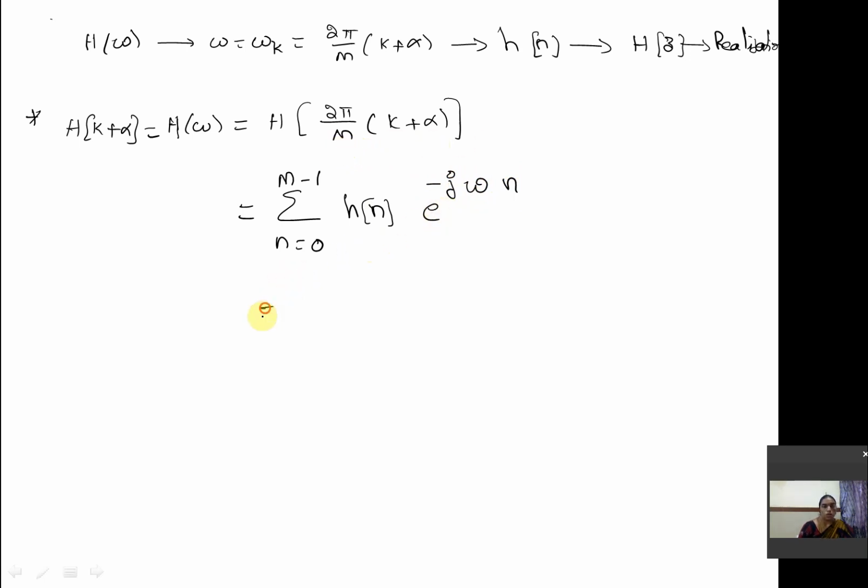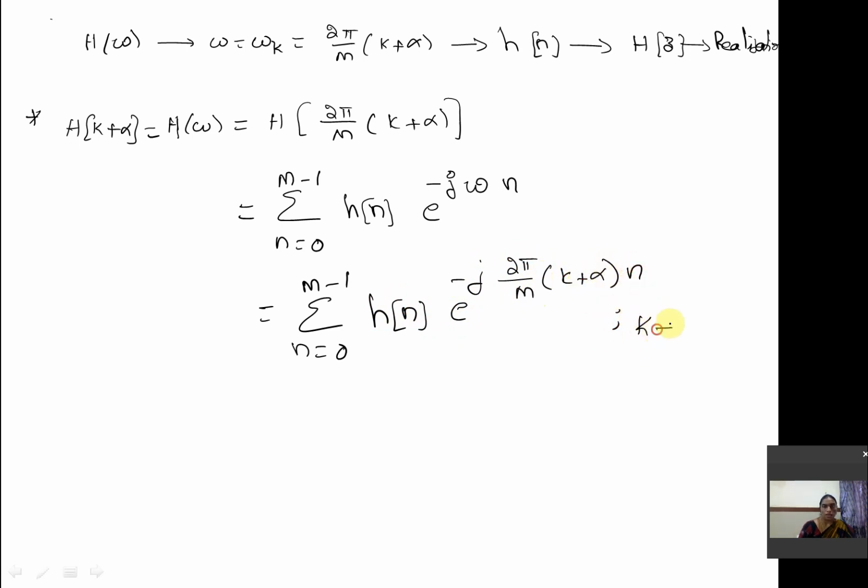So now here I am writing 0 to M minus 1. I am substituting. Omega means here 2 pi by M into (k plus alpha) into n. Here k is nothing but 0 to M minus 1.